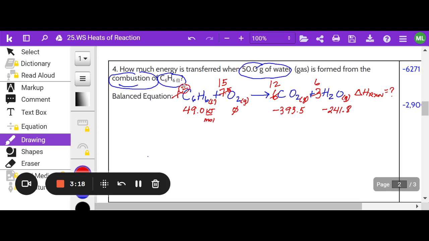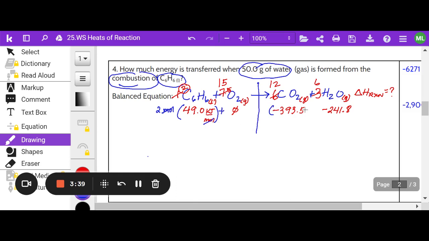The 2 means there are 2 moles, so you're going to multiply this whole thing by 2 moles. As a result, the moles will cancel and you will have the answer in kilojoules. You're going to add this, and then these are the reactants.